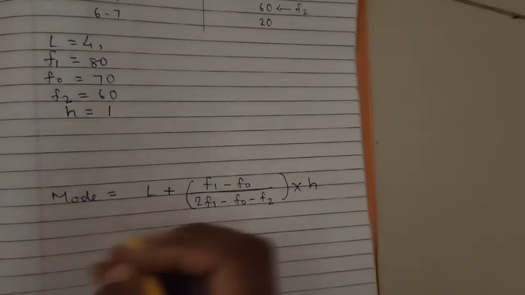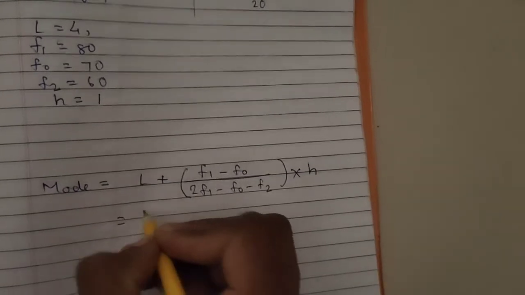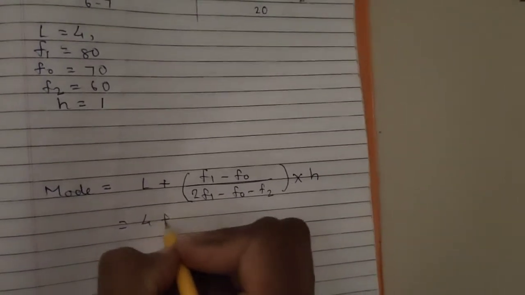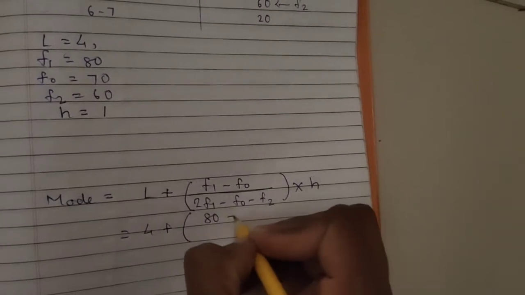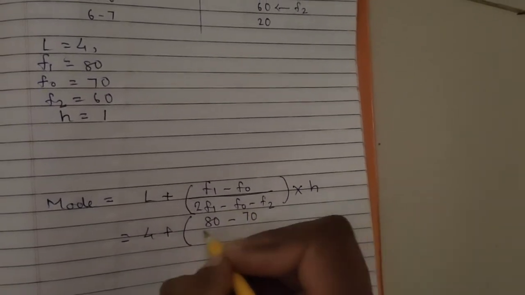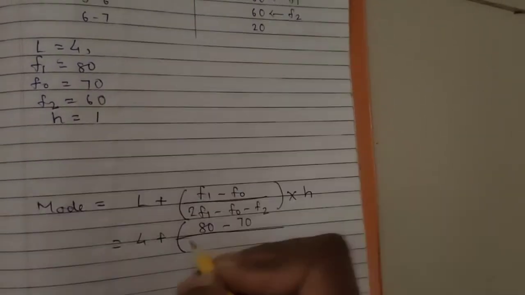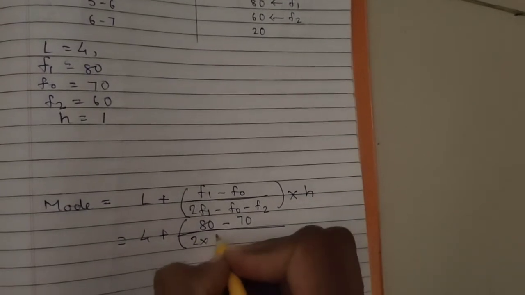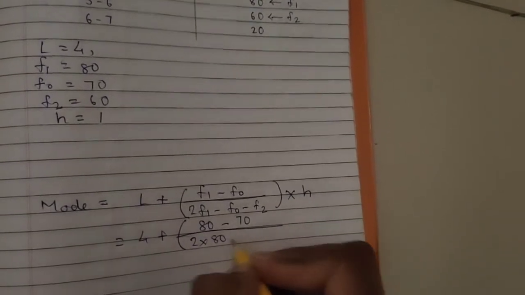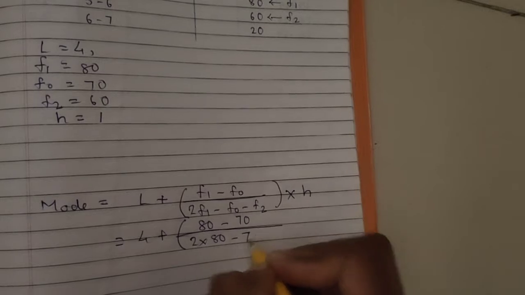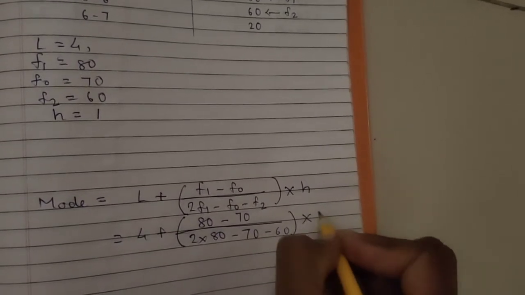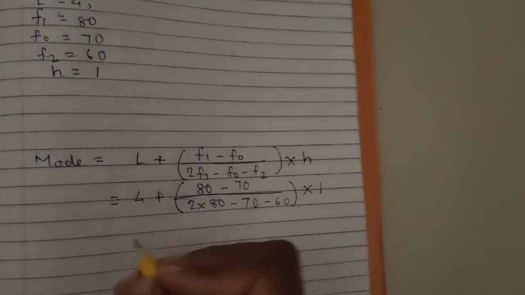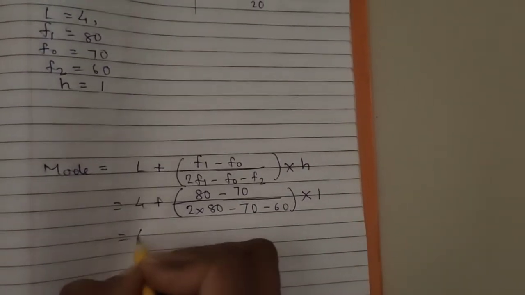Okay, so let us substitute the values. What is L here? L is 4, plus what is F1, 80, F0, 70. Now in the denominator you are having 2 into what is F1, 80 minus F0, 70 minus F2, 60 into H value is 1.